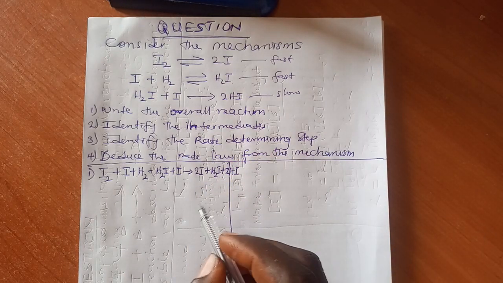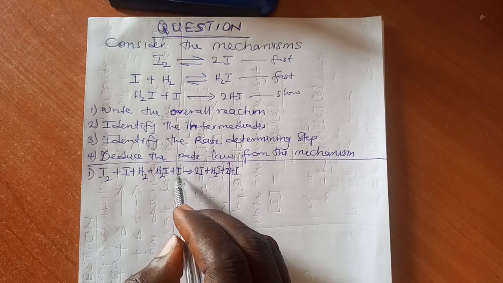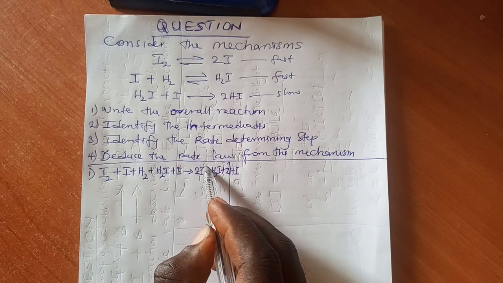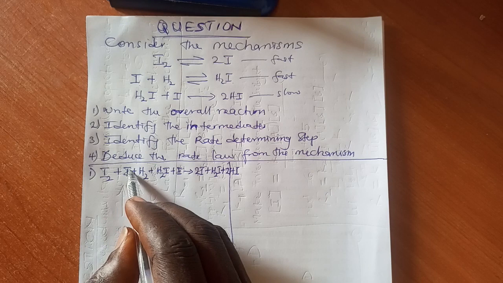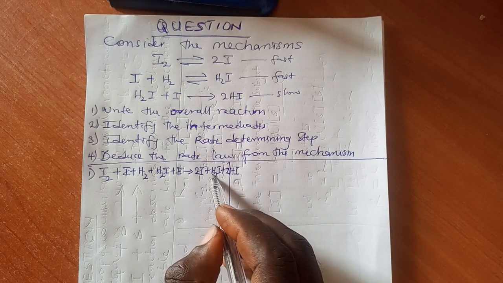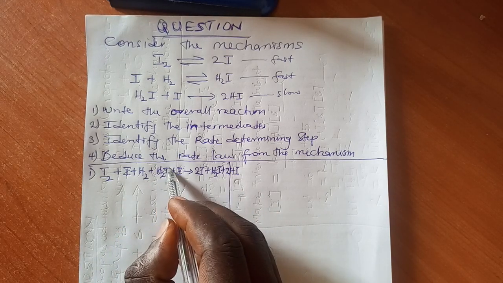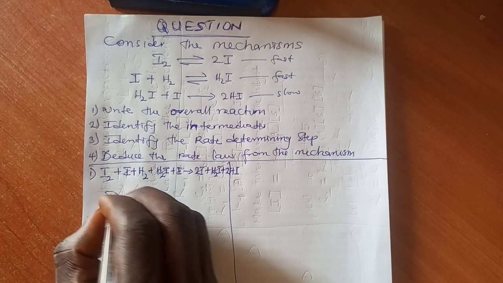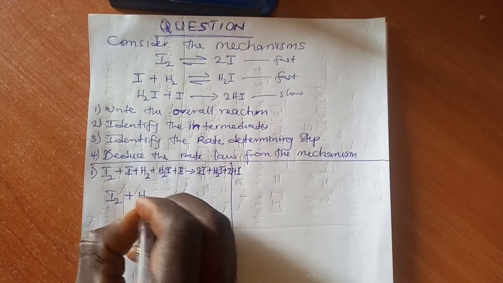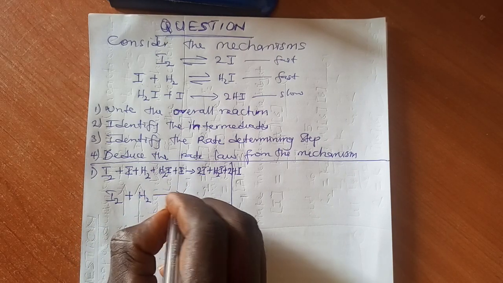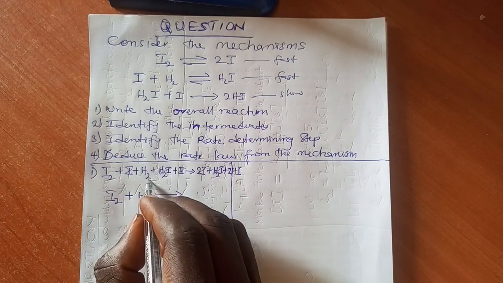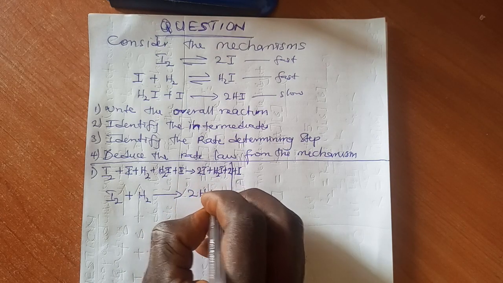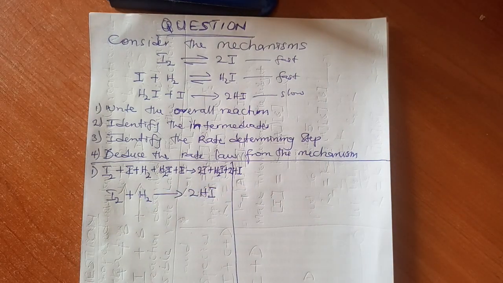So from here you can see we have 2I here and 2I here. This 2I will cancel this 2I. You have H2I here, and this H2I will cancel this H2I. To remain what? I2 plus H2 to give 2HI. This is the overall reaction.